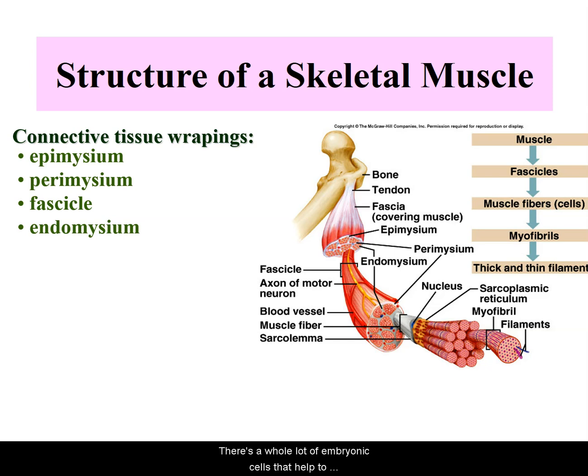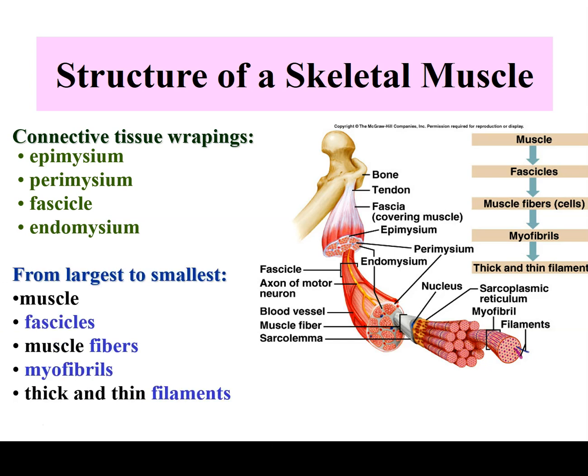There's a whole lot of embryonic cells that help to form that muscle tissue, and because there are so many cells bound together, they keep the nucleus for each cell, and that makes it multinucleated. From the largest to smallest, the entire structure is a muscle, and the muscle is made up of fascicles, bundles of muscle fibers, and then bundles of muscle fibers form myofibrils, and then thick and thin filaments.